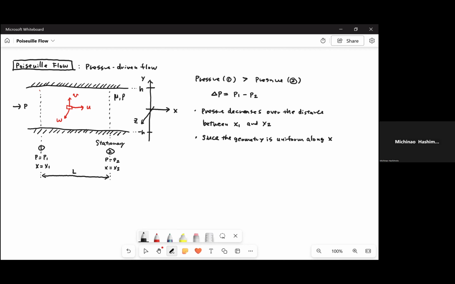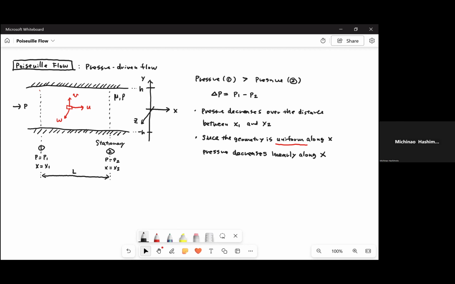It always keeps the same distance between the two walls. Since the geometry is uniform along x, pressure decreases linearly along x.